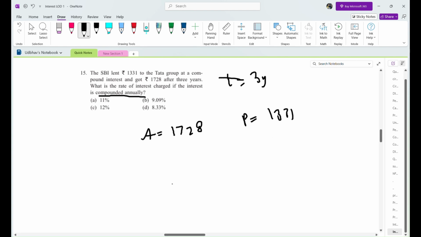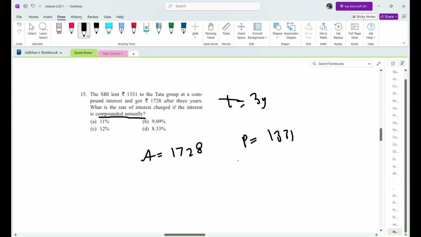You can find it by, let's just assume our rate was 1%.